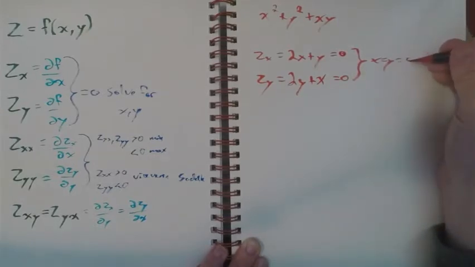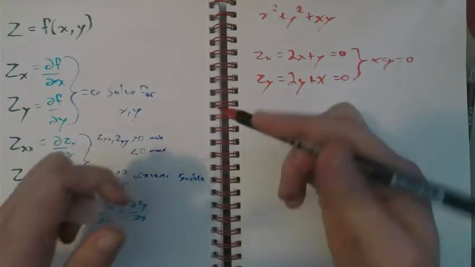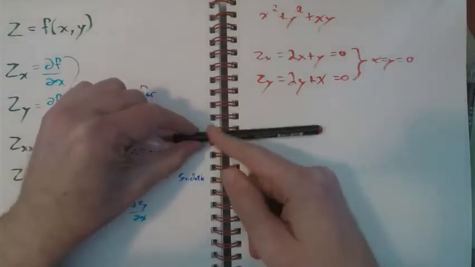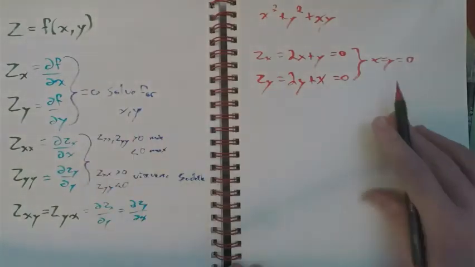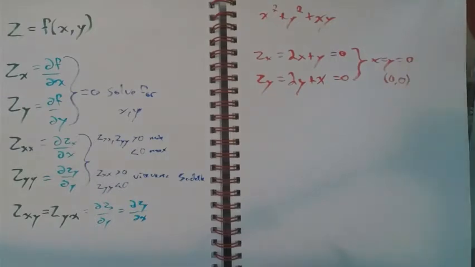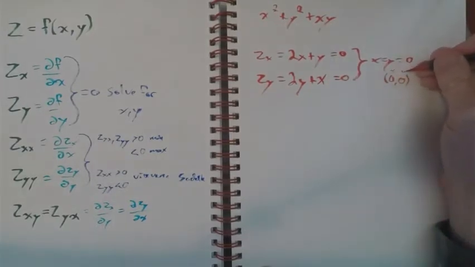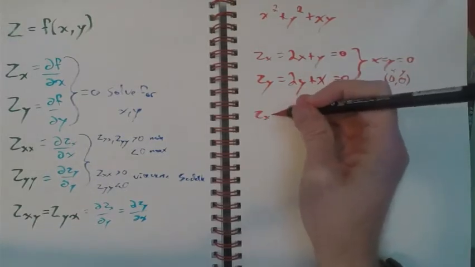So x and y are both going to be equal to 0, right in the middle of our grid. That's fine. So we found our critical point is 0, 0.